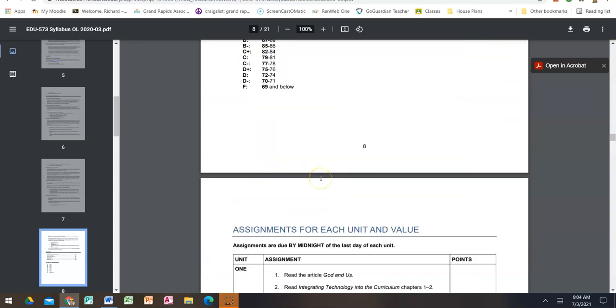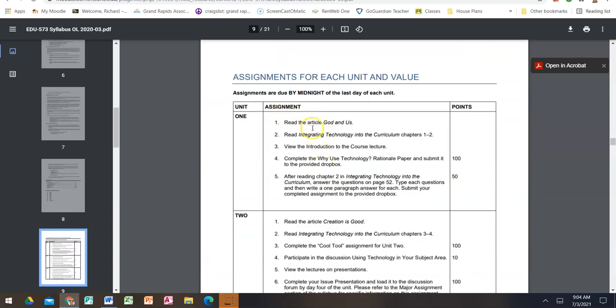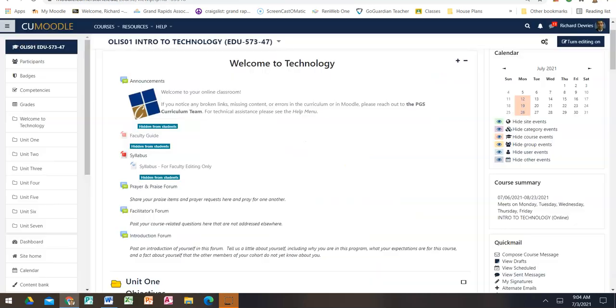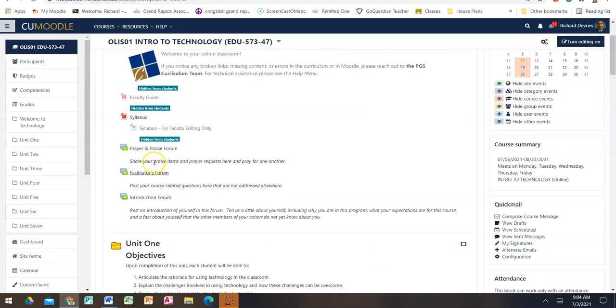The points, in the specific, are very helpful too because it gives you the items that you need to complete and then the point levels off to the side, so you know exactly how much emphasis to put on each particular assignment. So please read over the syllabus carefully and keep it handy.